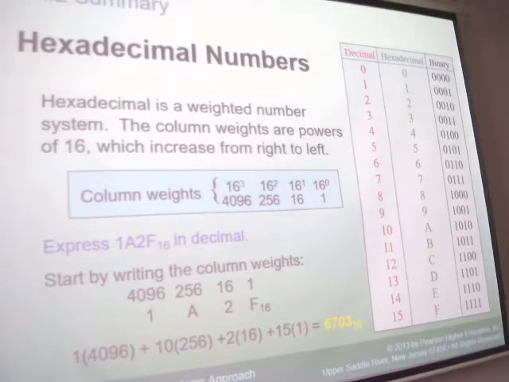Okay. 9 plus 1 is 10. 1 plus 6 is 7. 4 plus 2 is 6. So the result is 6,703. So we can use this method to convert all hexadecimal numbers to decimal numbers.